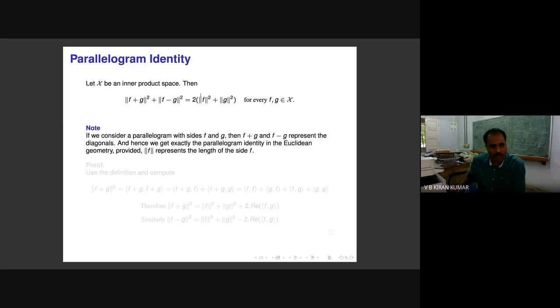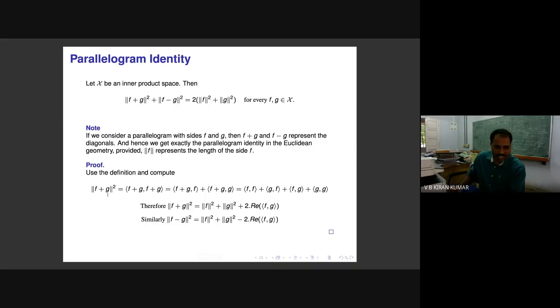Now the proof is very simple. Just use the definition. What is norm f plus g squared? By definition, it is the inner product of f plus g with f plus g. Now you use linearity in the second variable, so it is the inner product of f plus g with f, plus the inner product of f plus g with g. Now you use linearity in the first variable. In the first variable you have anti-linearity, but you are not using any scalar here, so you have the same thing. So it will be ff plus gf plus fg plus gg. Now ff by definition is norm f squared, and gg is norm g squared.